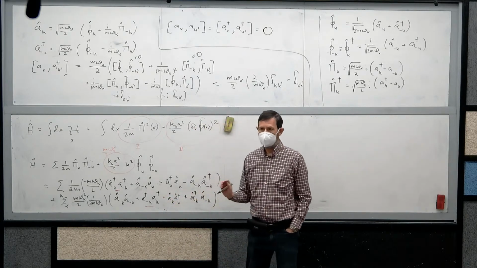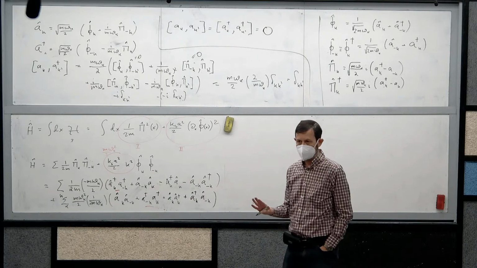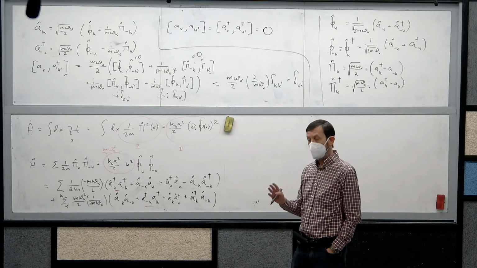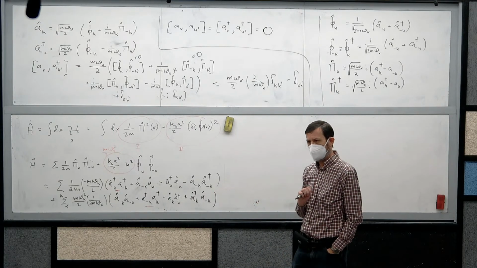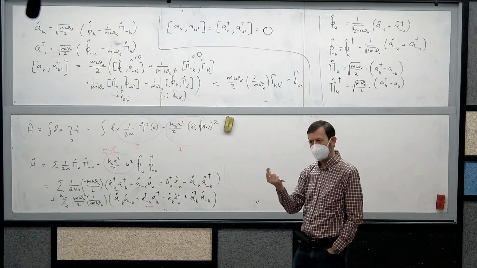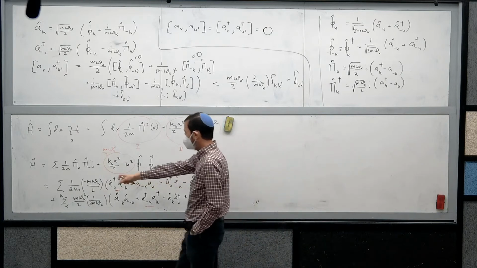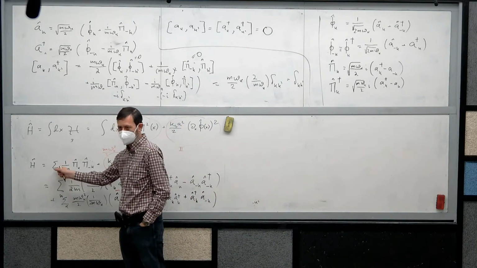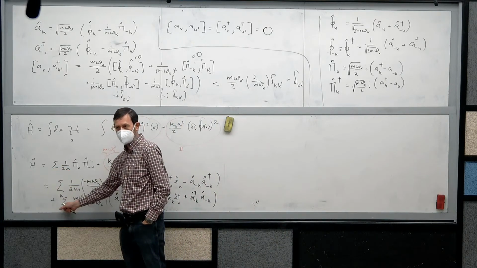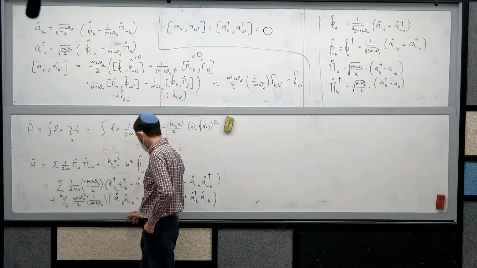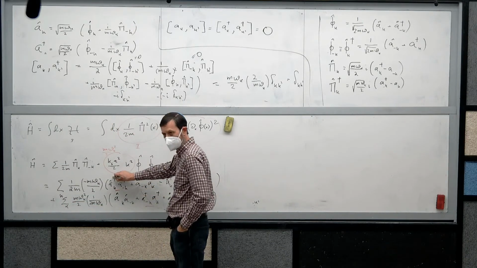The easiest way to get rid of them: k goes from minus infinity to infinity. So the order that I do the summation doesn't matter. Here I'm going from minus infinity to infinity. Here's the other way around. Therefore, I can get rid of this and this.